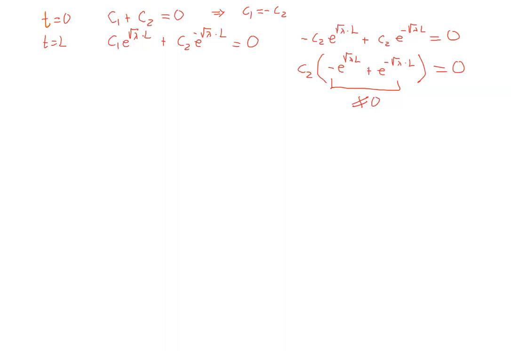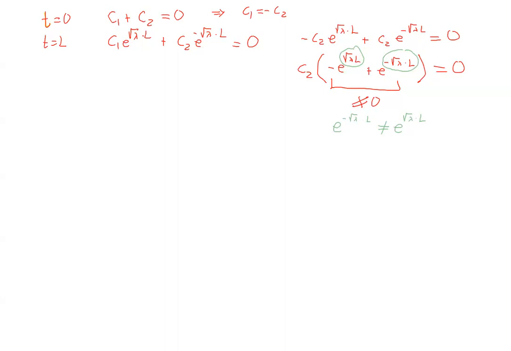You have to remember how the exponential function works. The exponential function is increasing, and this number is less than that number, right? So there's no way. So e to the negative square root of lambda times L is different from e to the square root of lambda times L. So their difference, which is what you essentially have there, cannot be equal to 0.